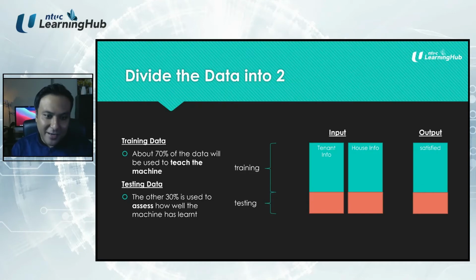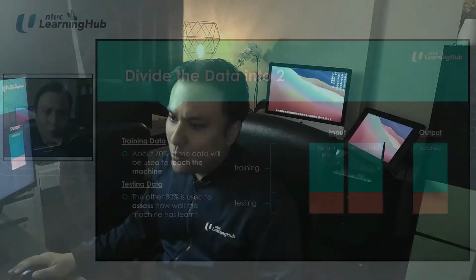So some of you might be asking me, I'm pretty sure, Isa, why would you want to waste your data on testing the machine? Why not use all the data to train the machine? The reason is simple. If you do not know how well the machine performs, then you will not be able to use it.